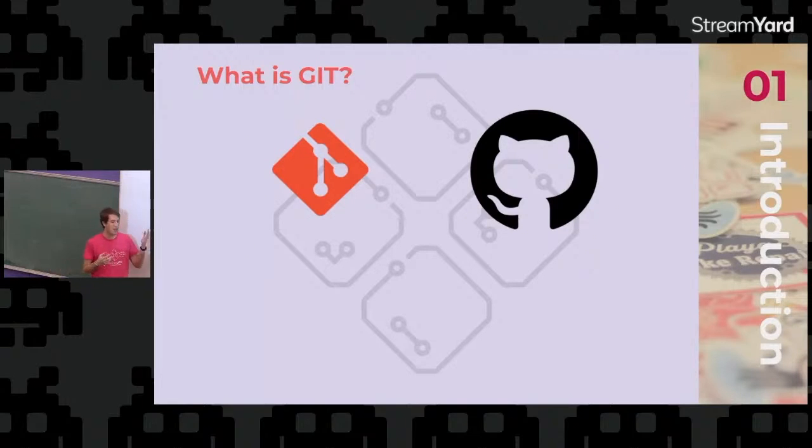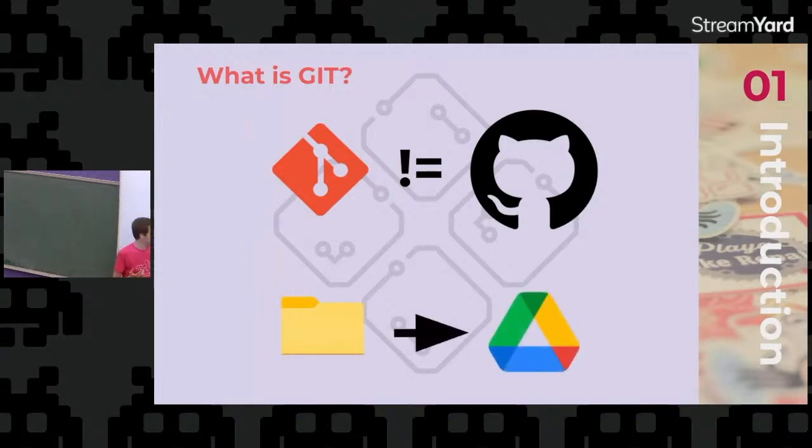So Git, I will explain to you that Git is not GitHub. It's not even close. Git is a program to manage the versions of your projects, okay? And GitHub, on the other hand, is like the Google Drive for your documents.